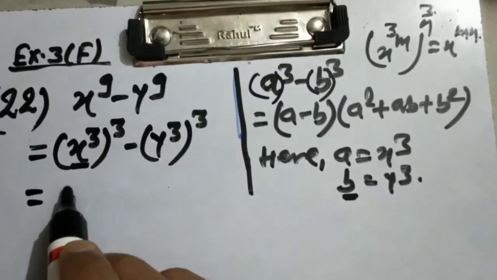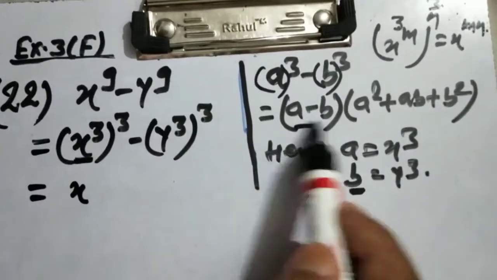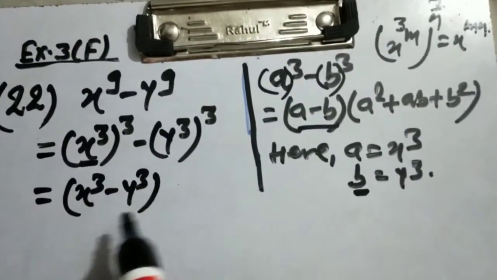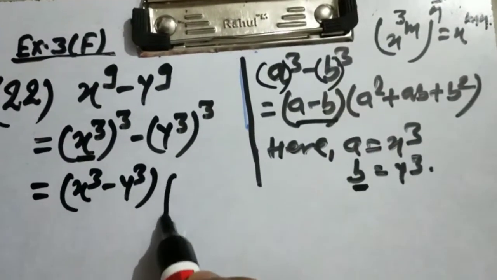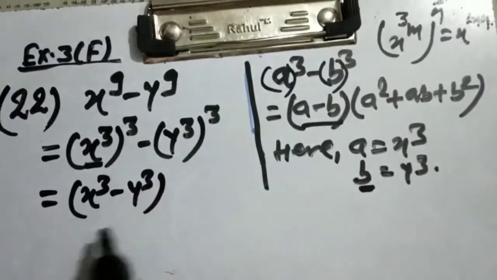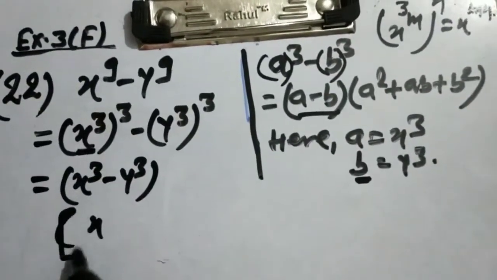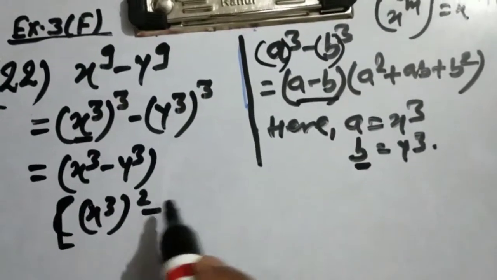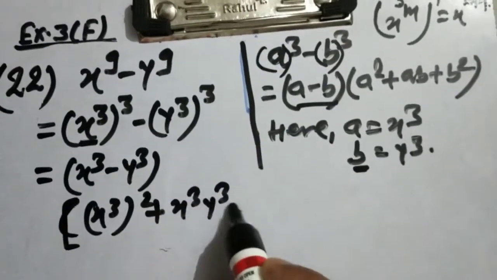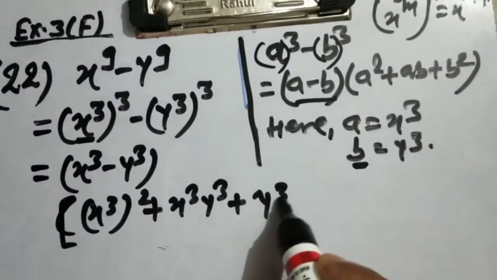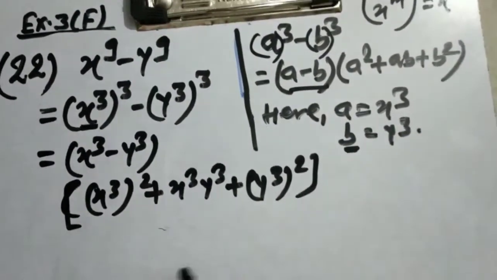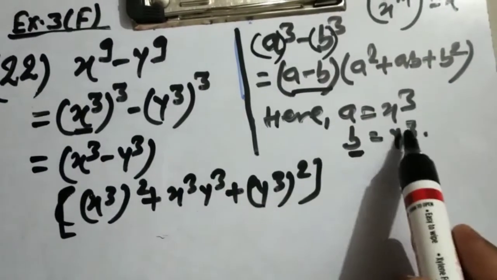So this can be written as (a minus b), that is (x cube minus y cube), and then you have to write a square: at the place of a square write x cube the whole square, then plus ab, x cube into y cube, and plus b square, y cube in the whole square.